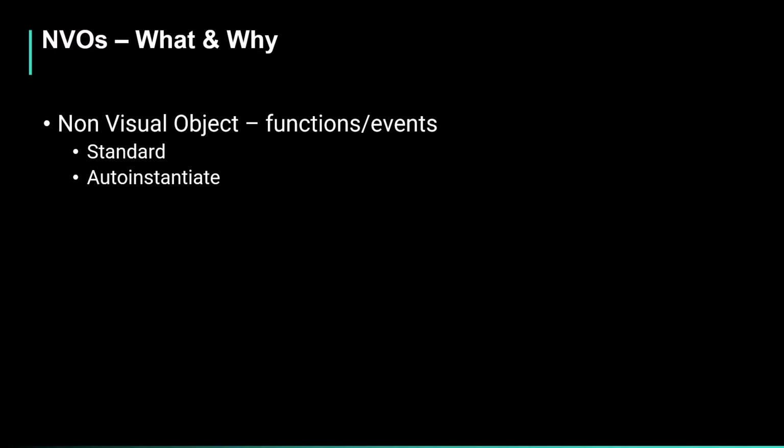Standard NVOs must be created and destroyed manually, whereas auto-instantiated ones, you just scope them and use them. You call the functions directly without using the create. You cannot destroy auto-instantiated NVOs. The PowerBuilder garbage collector will clean them up.